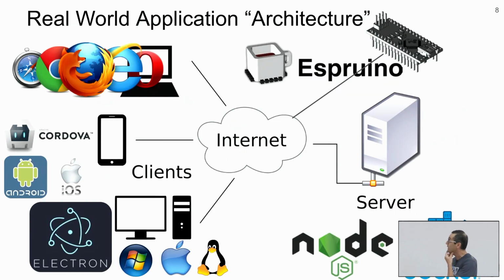If you look at a hypothetical real-world application, try to put kind of everything in a quote-unquote architecture here. You have smartphones running iOS, Android. You have desktops, obviously, with multiple operating systems, Windows, Linux, Mac. You have laptops, tablets with different flavors, different web browsers.